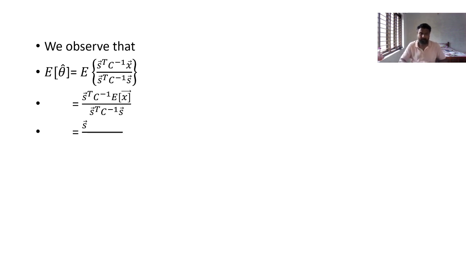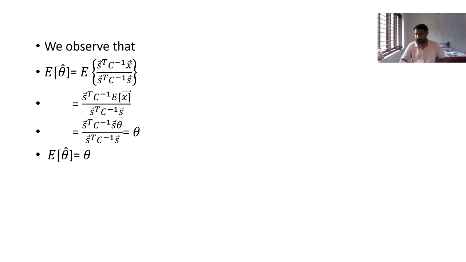So S transpose C inverse S into theta divided by S transpose C inverse into S is nothing but theta. So in general we can write that the expectation of theta cap is nothing but theta.